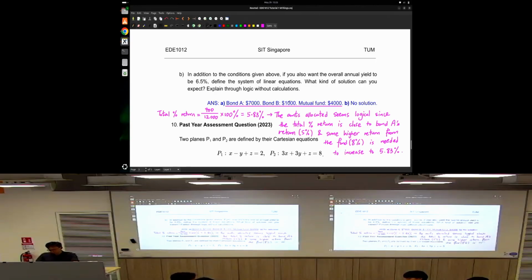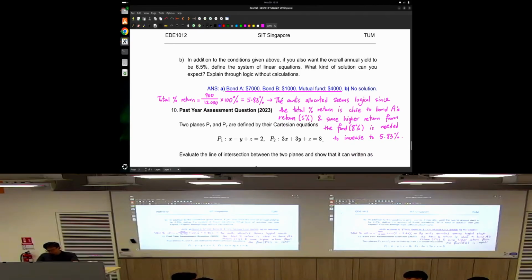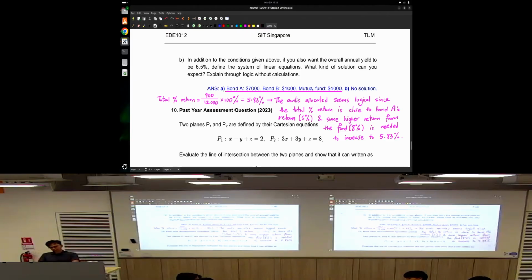Certainly bond B shouldn't be taking too much of your money if you desire that kind of return. The ratio here makes sense. The ratio here is reasonable.